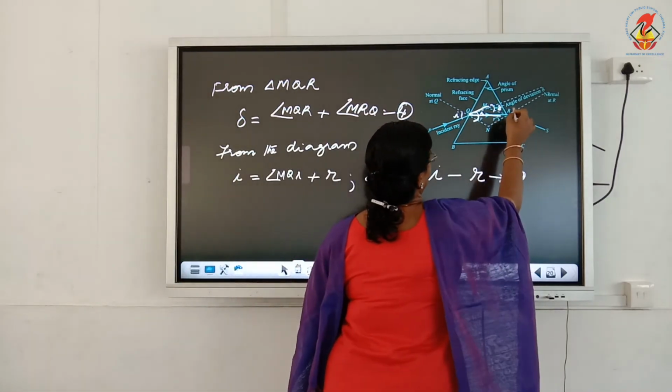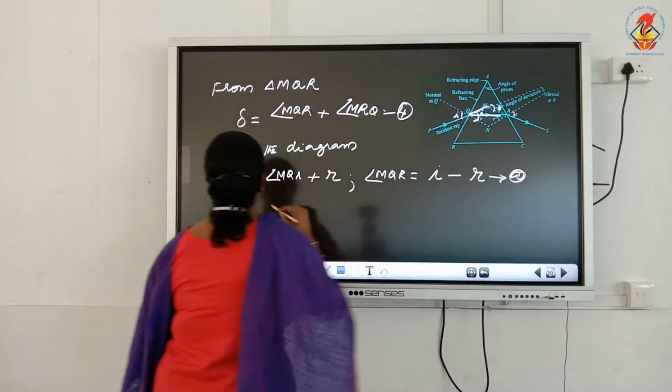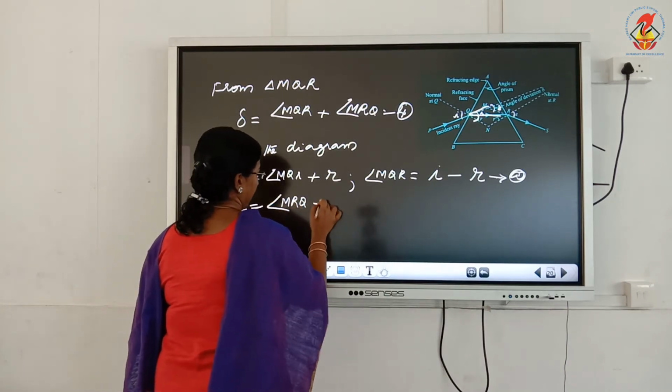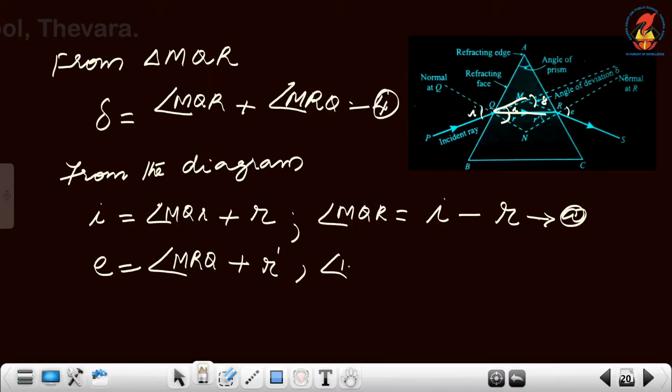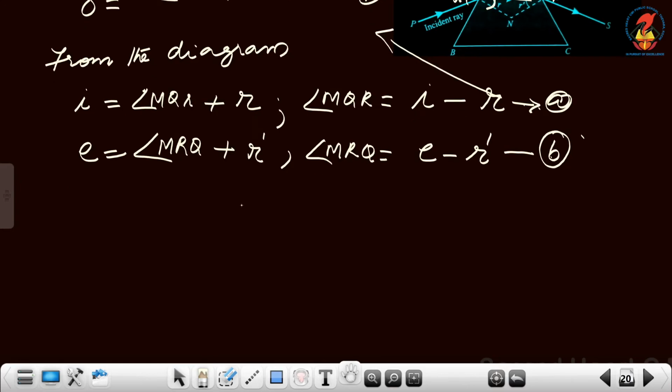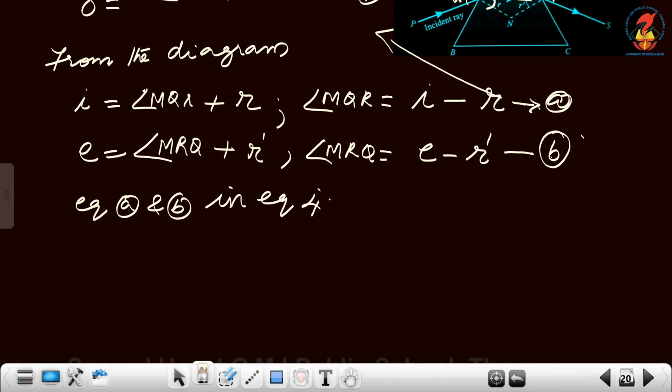Similarly, from this side we can say angle E is equal to angle MRQ plus R dash, or angle MRQ is equal to E minus R dash. This is equation B. So the next step is substituting equations A and B in equation 4.